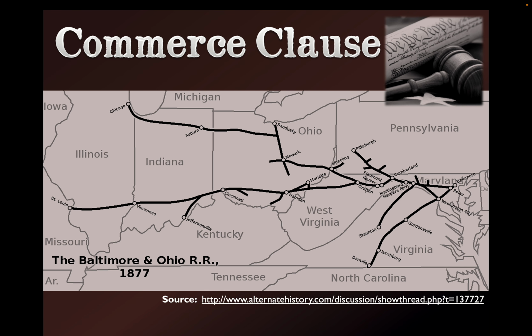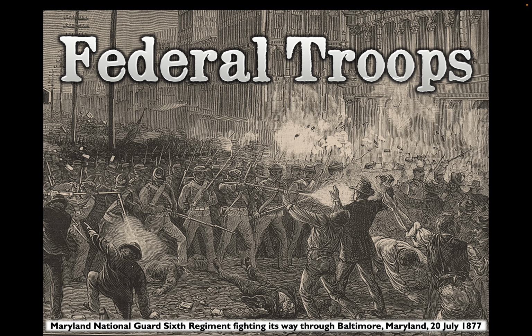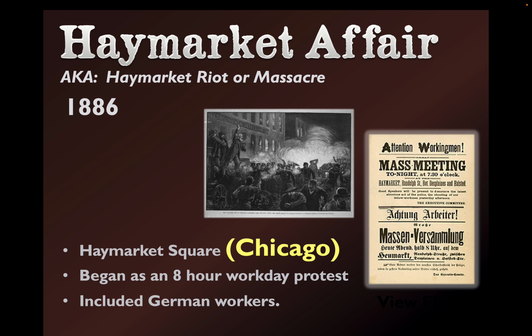And so, because of that, in the Constitution, the president and his administration was able to basically break up the strike happening. And here is a picture of the Maryland National Guard 6th Regiment fighting its way through Baltimore, Maryland on July 20th, 1877, firing into the crowd if they were not dispersing.